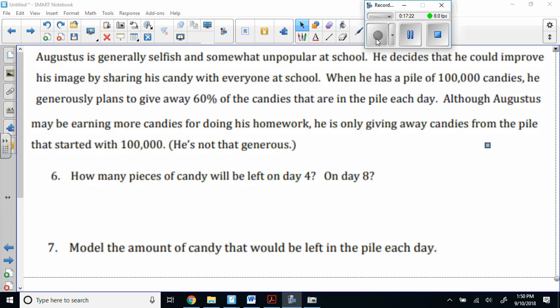Well, if it's gone, do we really care where it went? No, it went to get the rest of those people fat, sassy, and happy. He got more friends, and they're the ones eating too much candy, right? See, he's got a plan. So if 60% of it's gone, how much is still there? 40%. So let's look at this. How much did he start with?